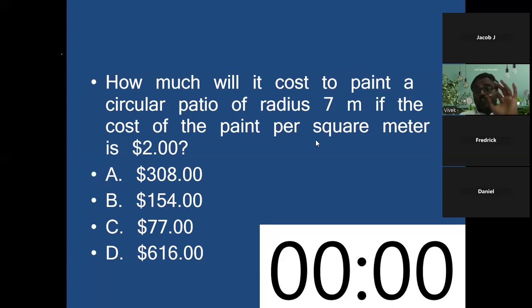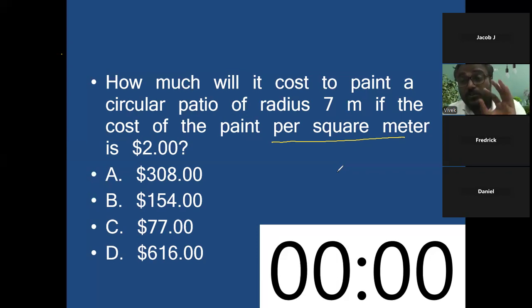Yep. Always remember one thing. Whenever you see words like this, per square meter, per centimeter square, per inch square, that means you need to find the area straight away. Square inches, square feet, square millimeter.